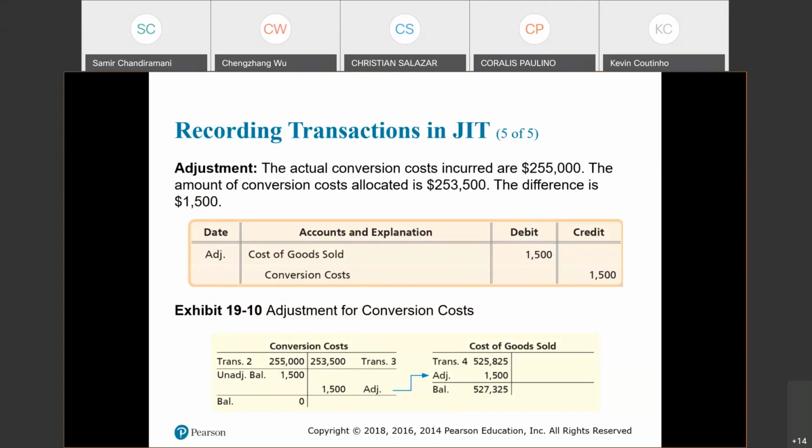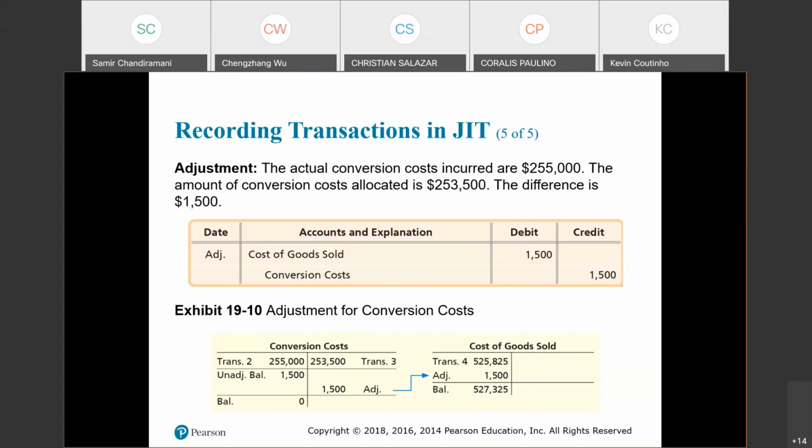The adjusting entry for underallocated cost is prepared to eliminate the ending balance of $1,500 in conversion cost.